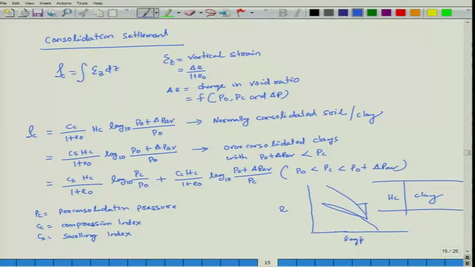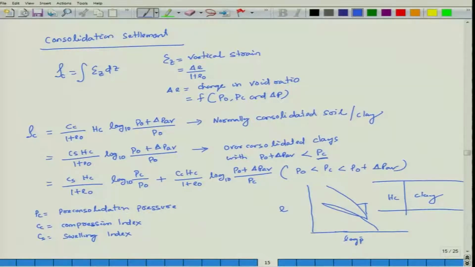Similarly, for this part from here to here, it is Cs Sc by 1 plus E0, log 10 of P0 plus delta PAV by P0. This is for over consolidated clays, particularly when P0 plus delta PAV is less than the pre-consolidation pressure.